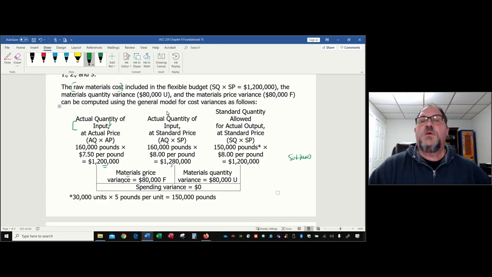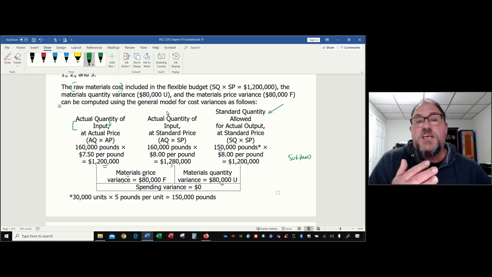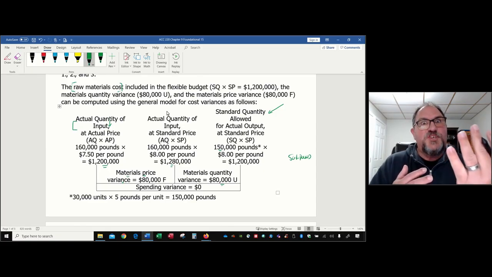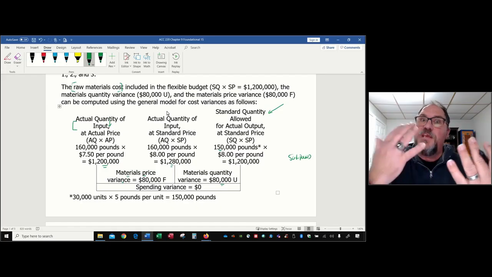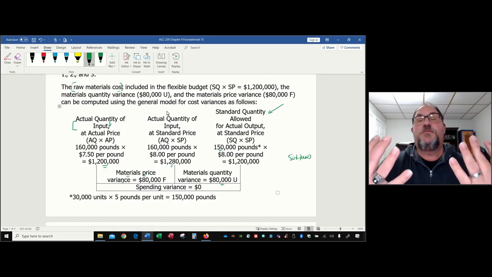Now, the standard quantity allowed, so price-wise they were good, but the standard quantity allowed was only supposed to be 150,000 pounds at $8 per pound, and that wound up being an $80,000 unfavorable variance. So ironically here, they bought the materials cheaper, but they used more materials, okay?